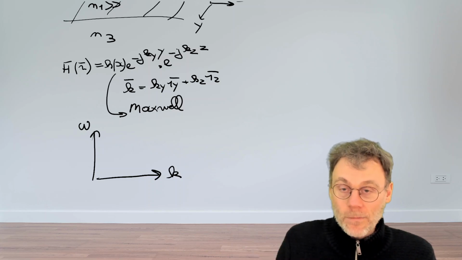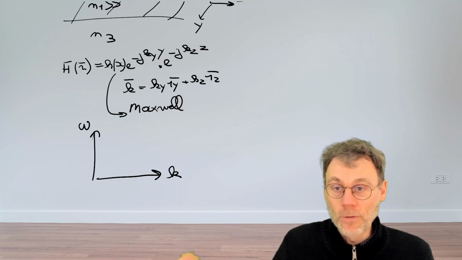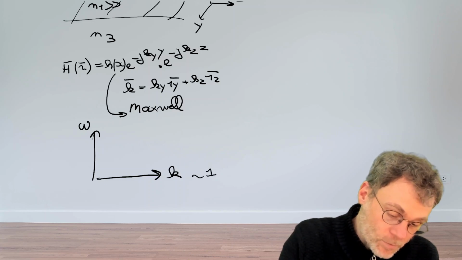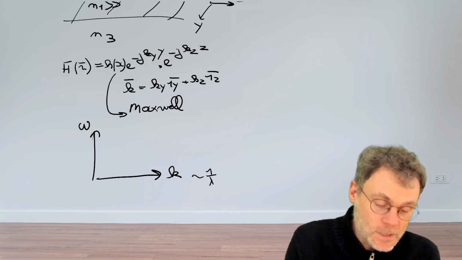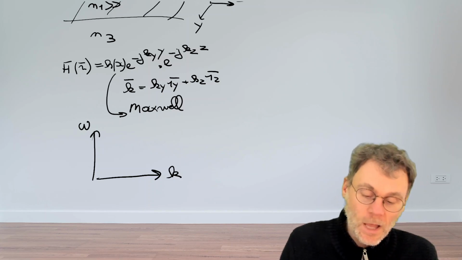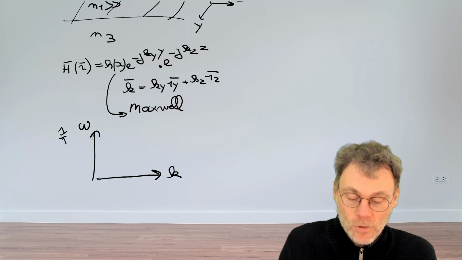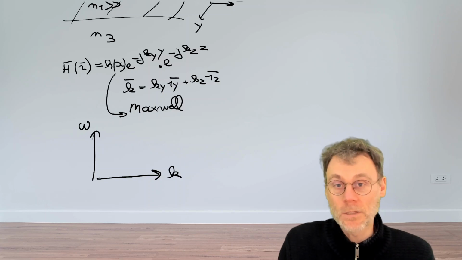So in this diagram here, we have information about both the spatial behavior of the solution and the temporal behavior of the solution. Because remember, k is inversely proportional to wavelength, at least in free space. So this is the spatial dimension. And then omega is inversely proportional to the period. So this is the temporal dimension. So a diagram like this relates space to time.